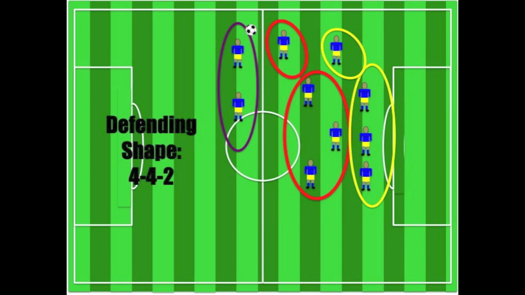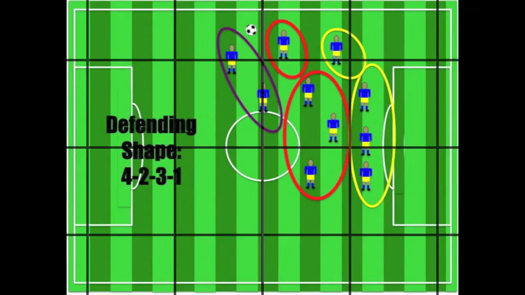Even both forwards have some freedom at times. If they'd like to leave the midfield line, they can leave the team and just go ahead by themselves and pressure and try to make something happen. But in this setup, they're playing parallel, and obviously you could play one back as in the last slide. It could also be called a 4-1-3-2.